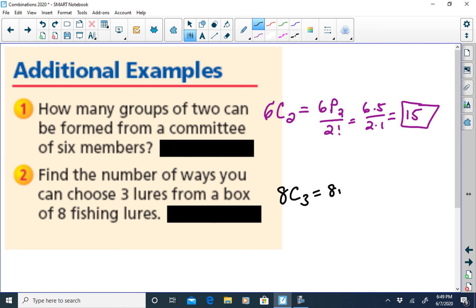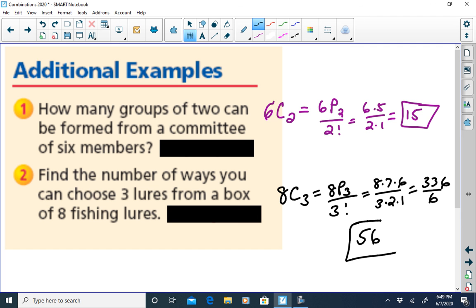That's going to be 8P3 over 3 factorial, which is 8 times 7 times 6 over 3 times 2 times 1, which gives you 336 over 6, which is going to give you 56 different combinations for fishing lures there. All right? Okay.